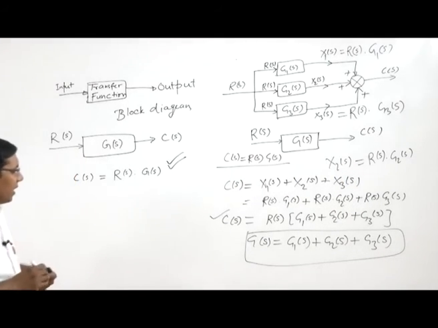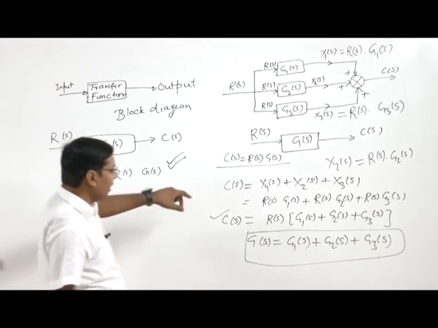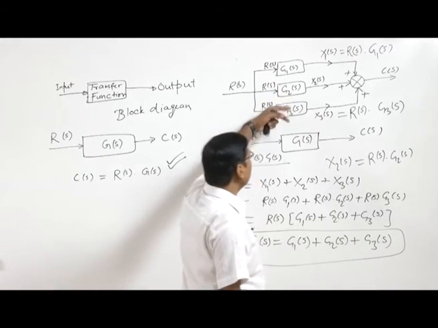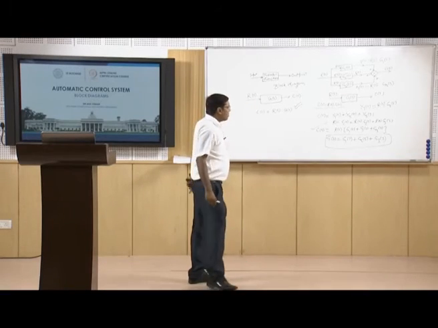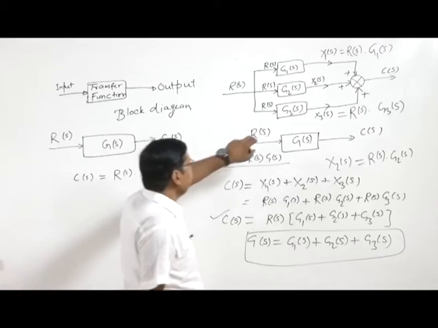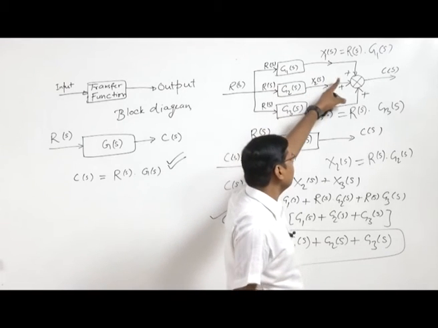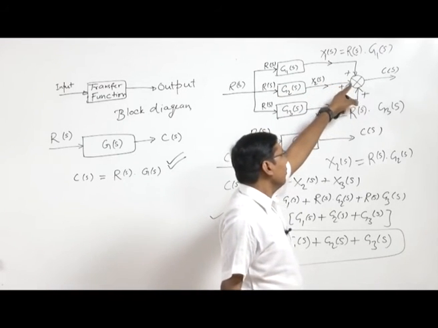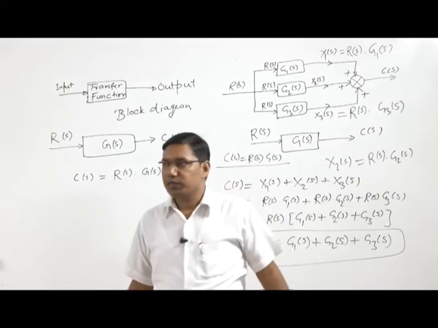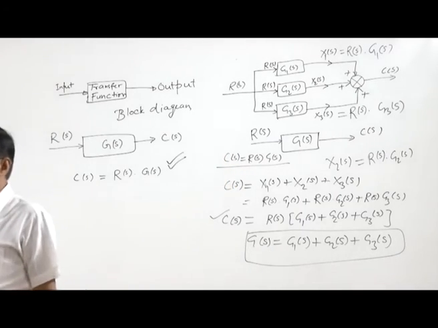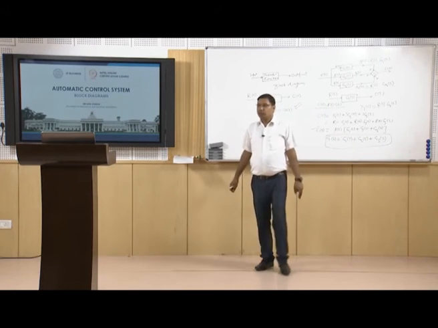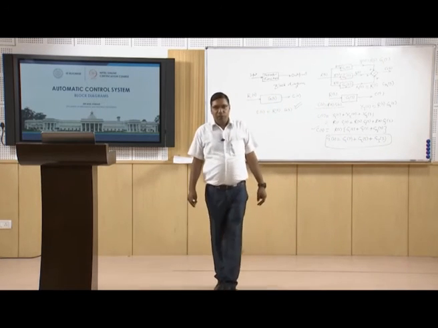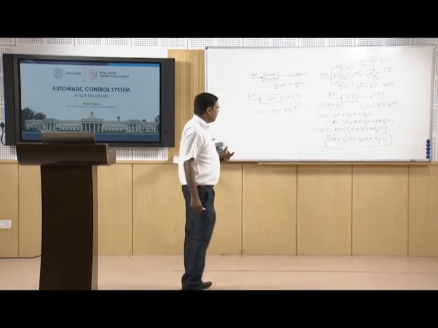So we can see that in this case, when we have 3 block diagrams in parallel and we are going to add them, the output is the summation of the transfer functions of the 3 blocks.